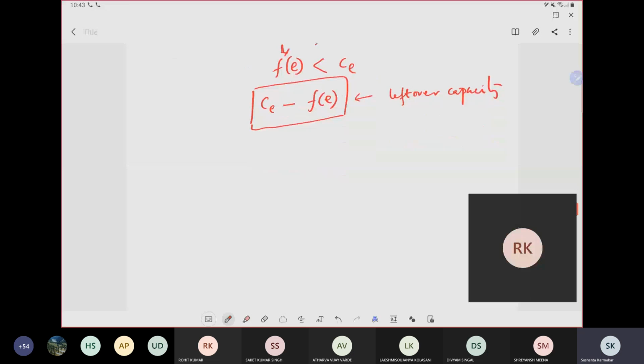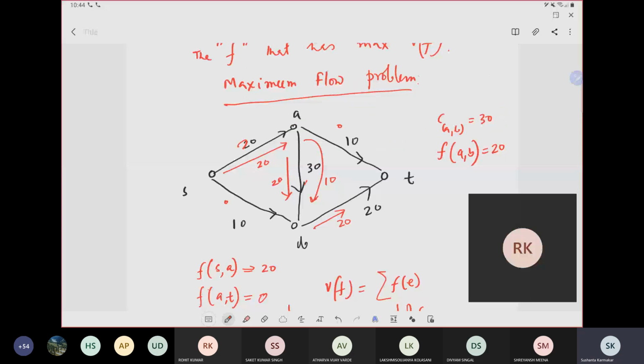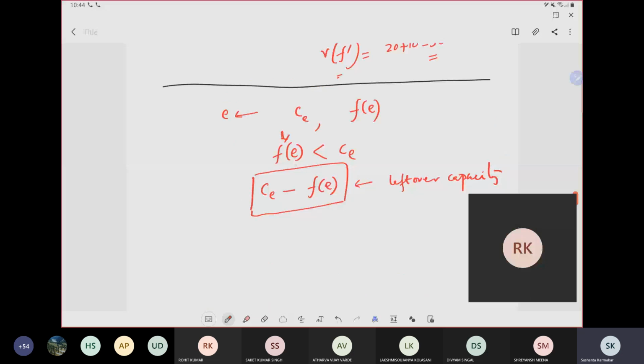This edge SA has a capacity of 20, and it has a labeling of 20, which means that I cannot push forward anything in this edge because FE is not strictly less than CE. So I cannot push forward.